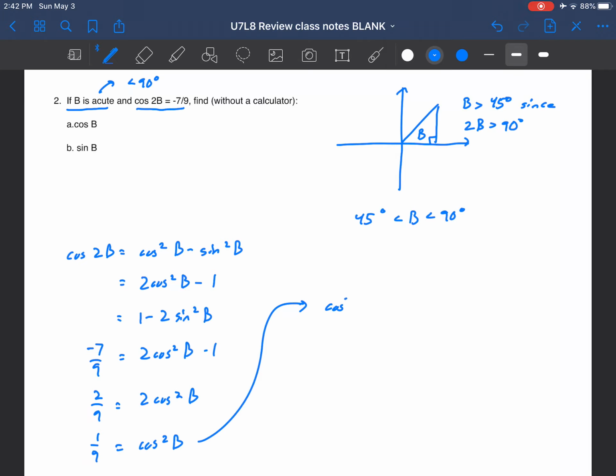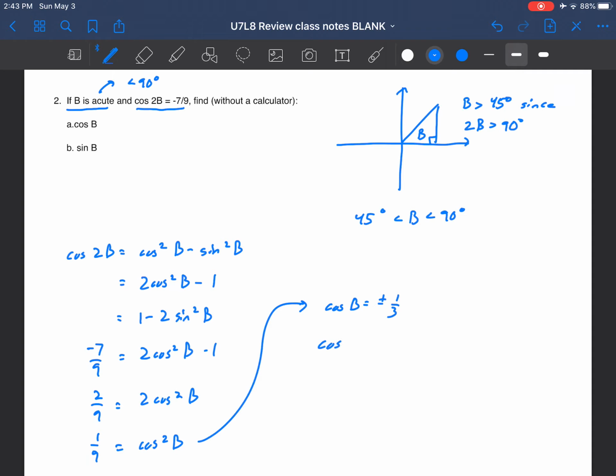So that means that cosine of B can equal plus or minus 1/3, right? Because if you take plus or minus 1/3 and square it, you get a 9th. Hopefully we know to take the positive one because of this. B is bigger than 45 but less than 90, so it's got to be in quadrant 1.